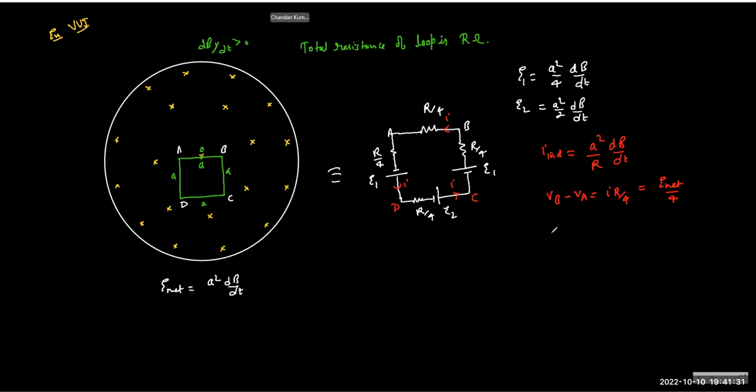But if I ask you what is now VA minus VD, it is IR by 4 minus E1, correct? Yes. So E1 is how much? It is E net by 4, and IR is E net. Am I right? Yes. So IR by 4 is E net by 4, and E1 is also E net by 4.